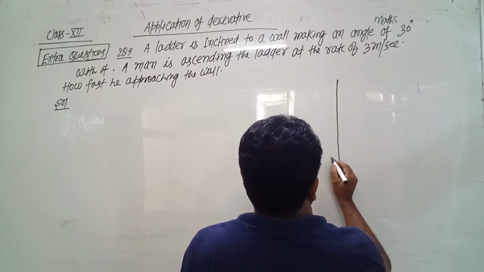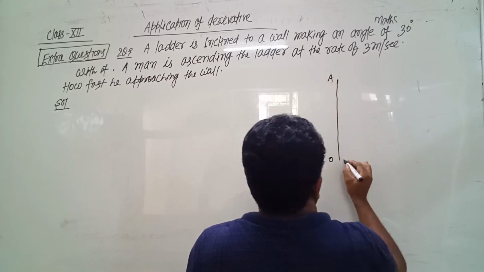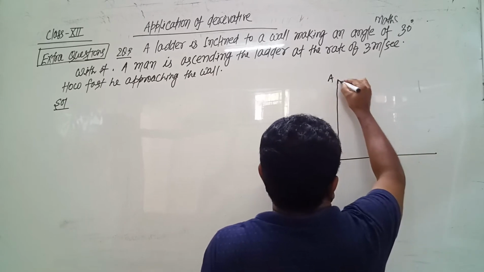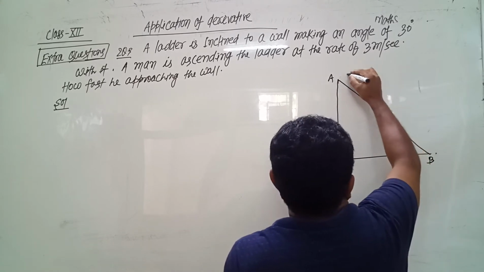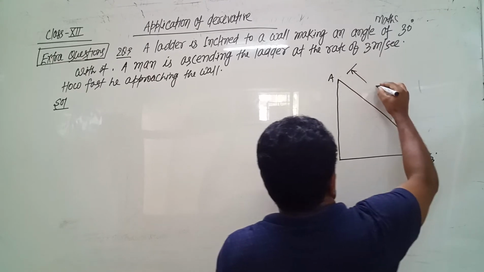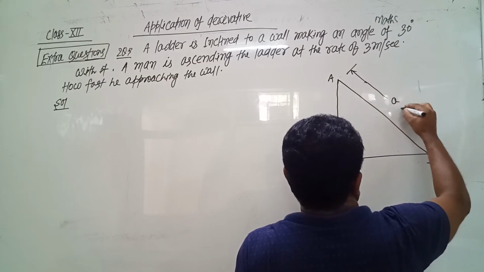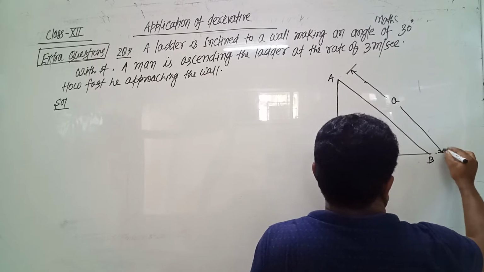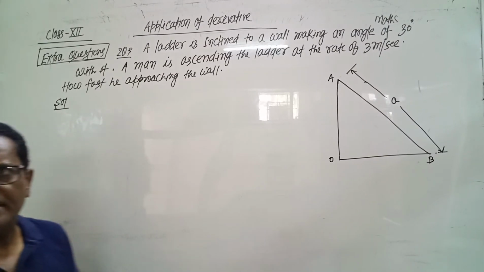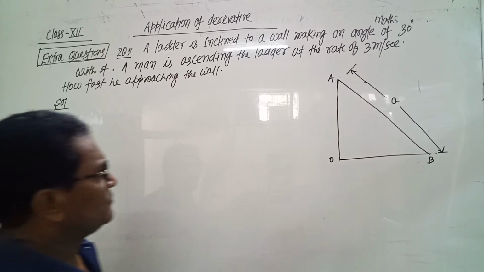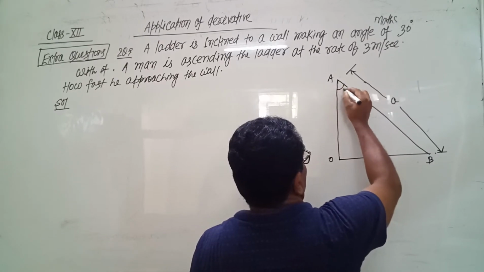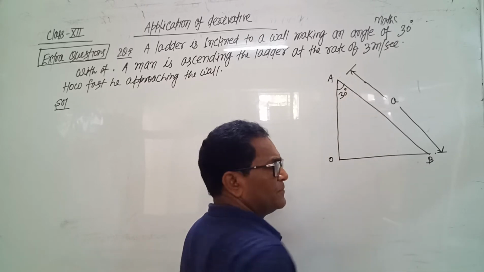OA is the wall and AB is the ladder, and the length of the ladder is supposed to be A. OA is the wall and the angle which the ladder makes with the wall is 30 degrees.